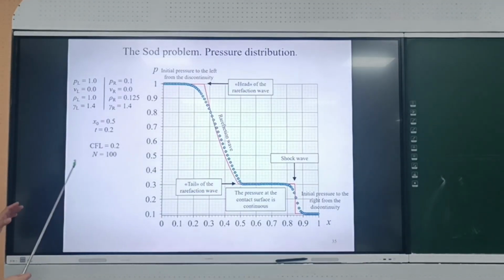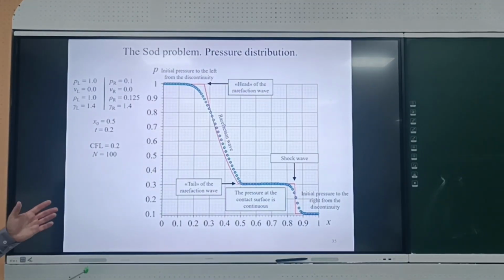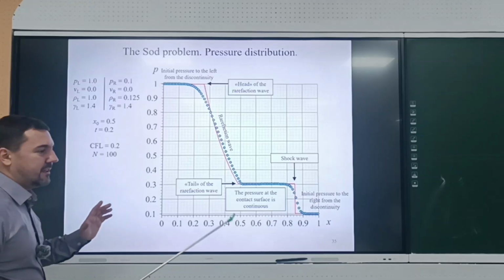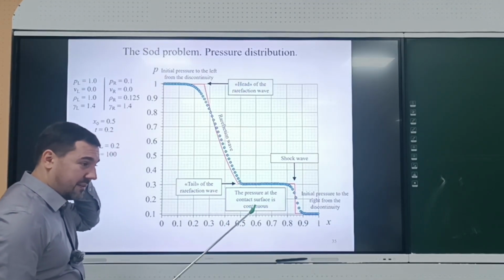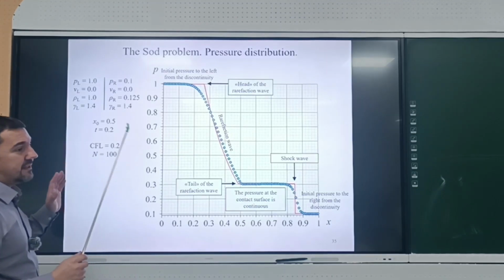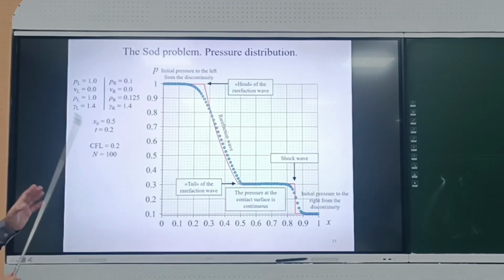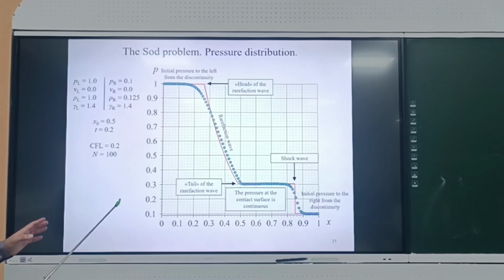Actually, at different lectures, when we discussed, for example, shock waves, I have shown you these results, and the lecture for HLLC method and so on. So we have already discussed this several times.